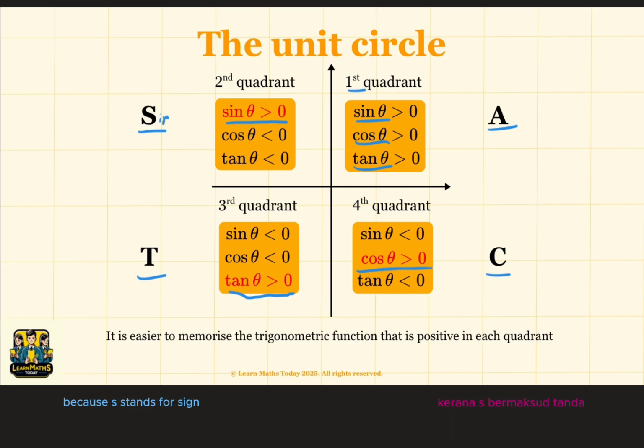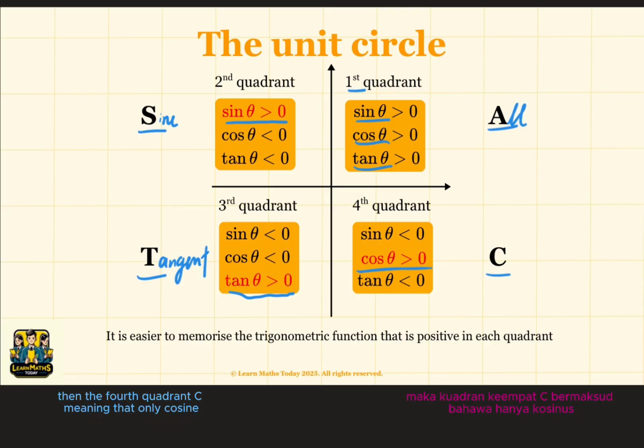In the third quadrant, T means that only tangent is positive. Then the fourth quadrant, C, means that only cosine is positive, right? So instead of memorizing which ratios are negative and positive in which quadrant, it is easier to memorize the trigo functions that are positive in each quadrant.